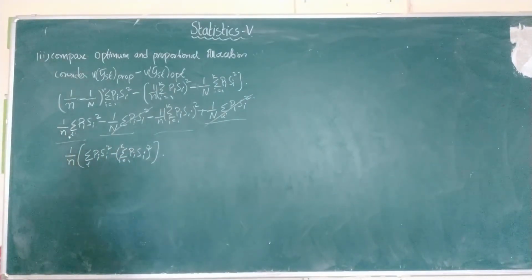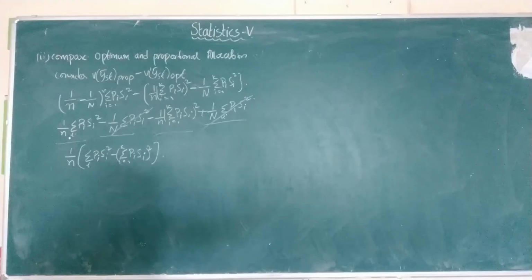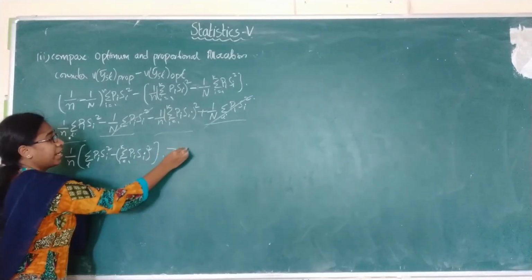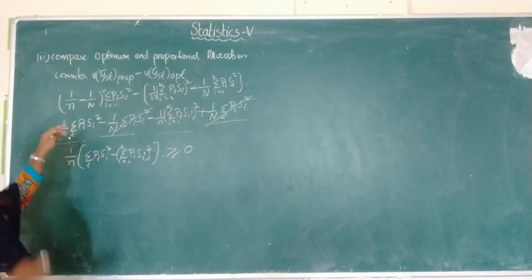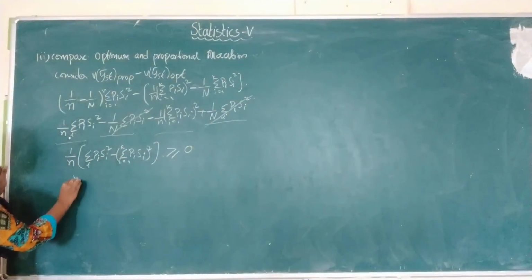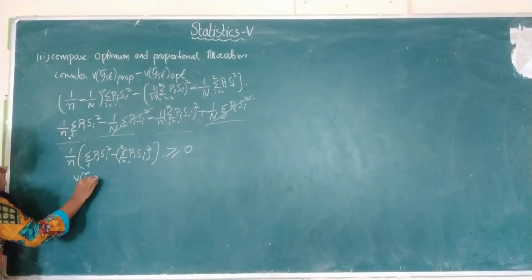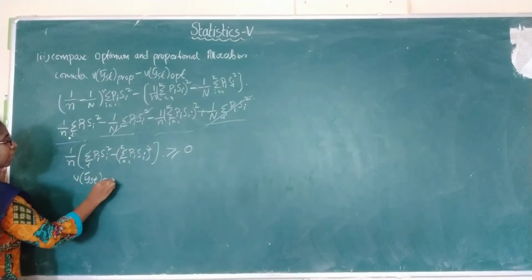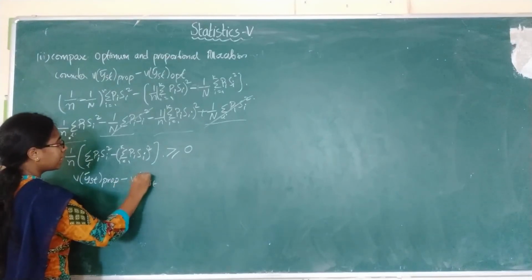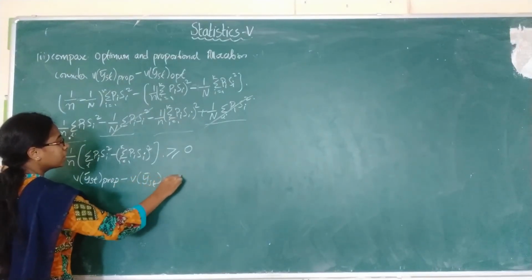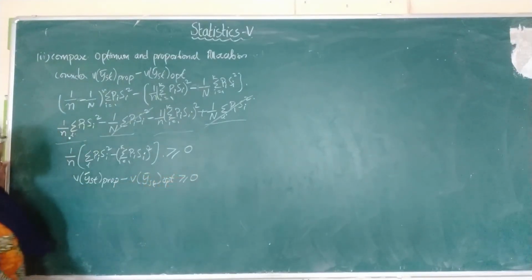These are all positive terms, so that means it is greater than or equals to 0. So since this value is greater than or equals to 0, variance of y bar st under proportional allocation minus variance of y bar st under optimum allocation is greater than or equals to 0.